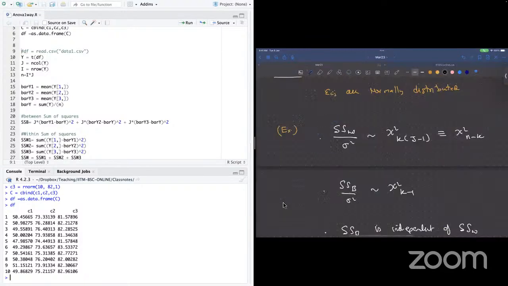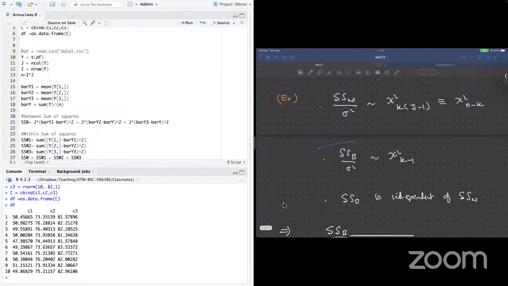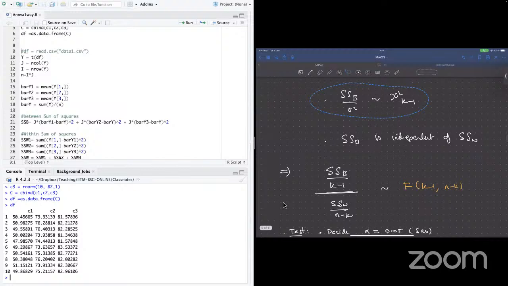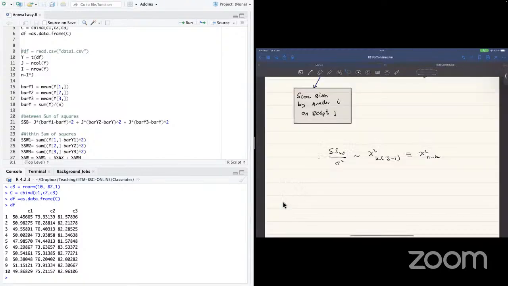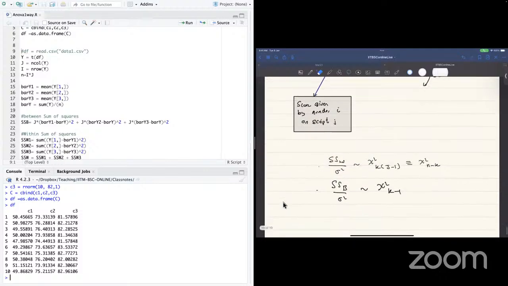Let me write this as S between. So this is under the null. So my K, let me just leave this as K squared this way.